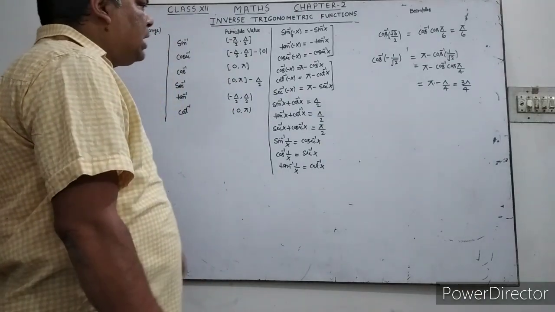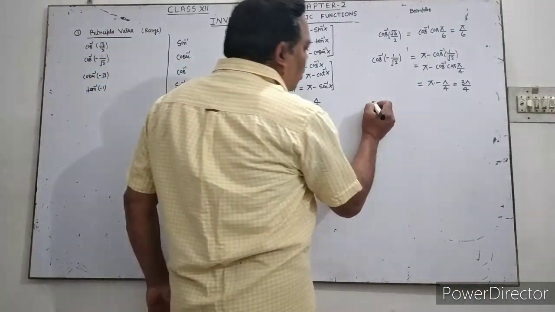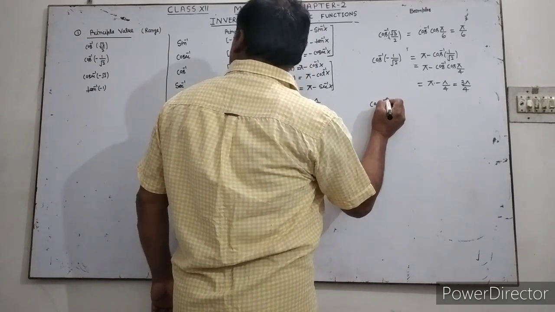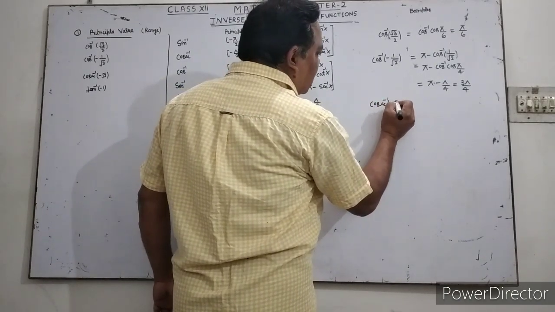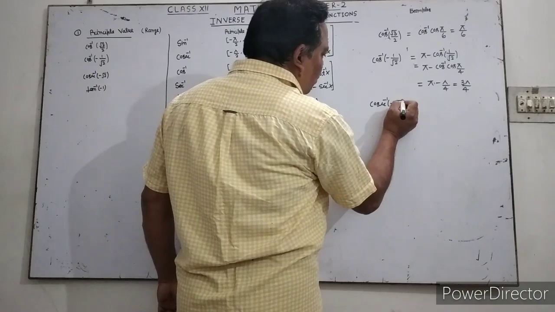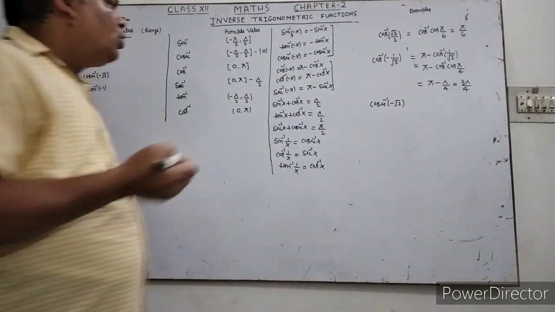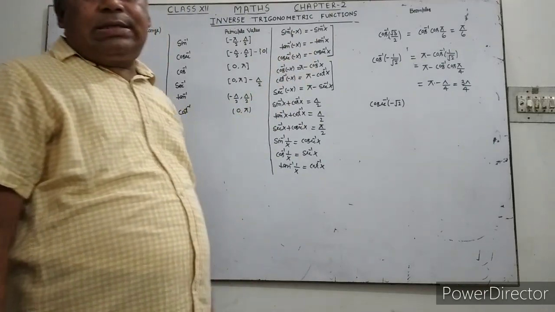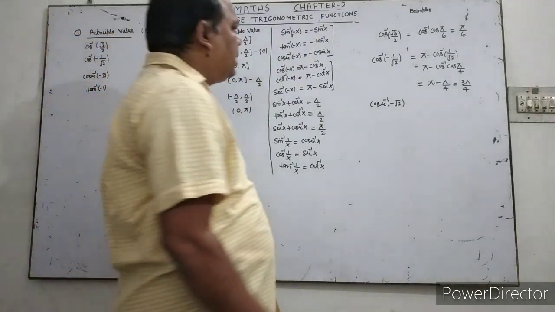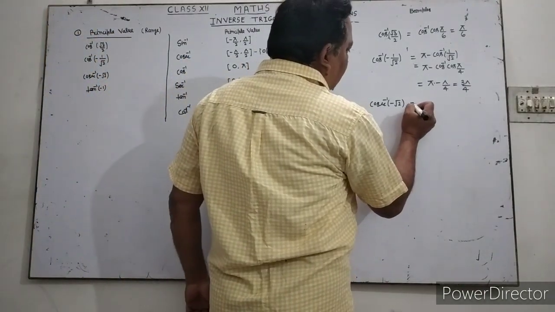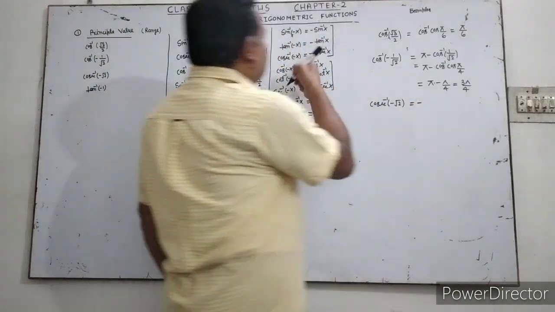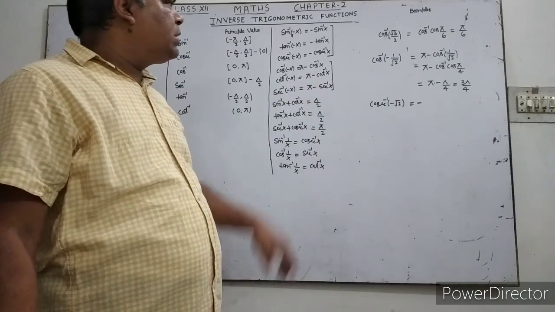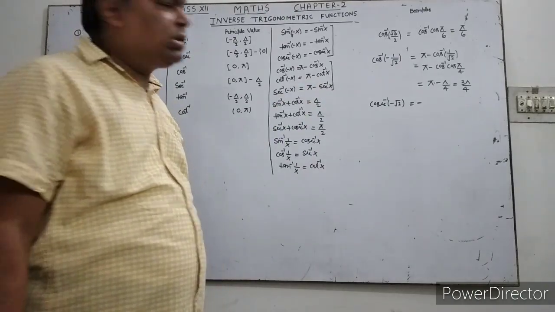Now we explain another example. Cosec inverse minus under root 2. Cosec inverse minus x is minus cosec inverse x. See the formula. What is the value of cosec inverse minus x? Minus cosec inverse.